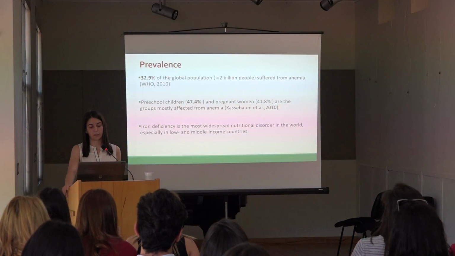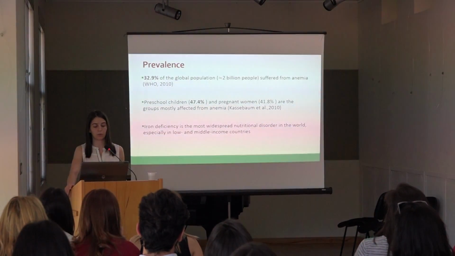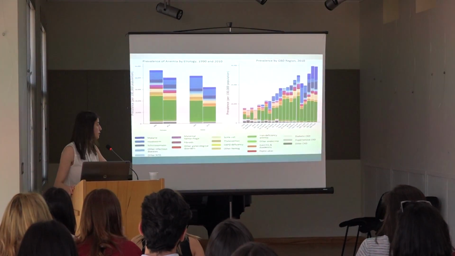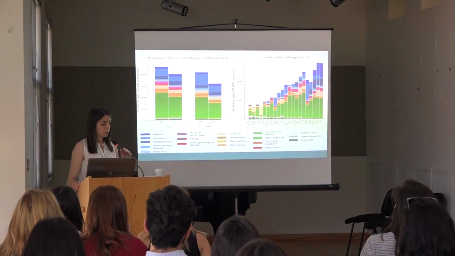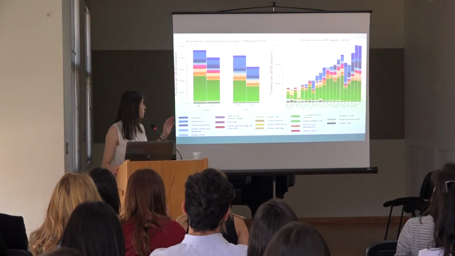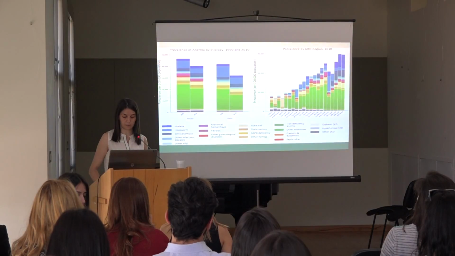Iron deficiency is the most widespread nutritional disorder worldwide, and it's mainly an issue in low and middle income countries. In this chart, we see the causes of anemia, and the green one is the share of iron deficiency, and we see that almost 50% of anemia is caused by iron deficiency.